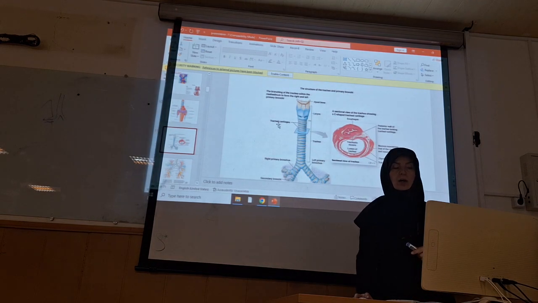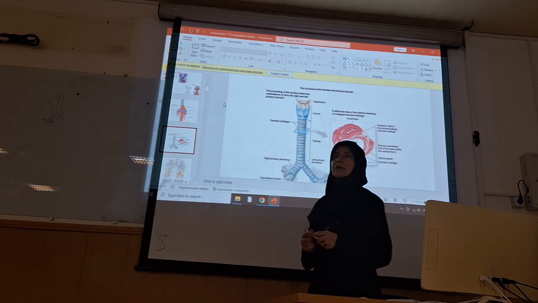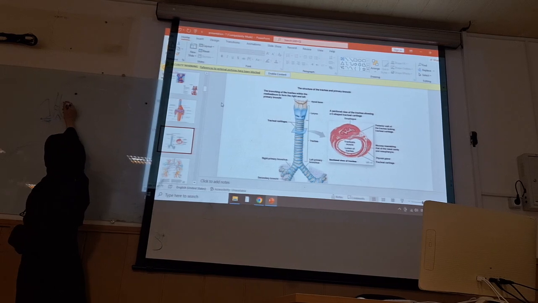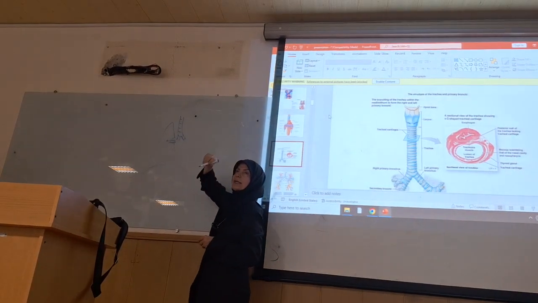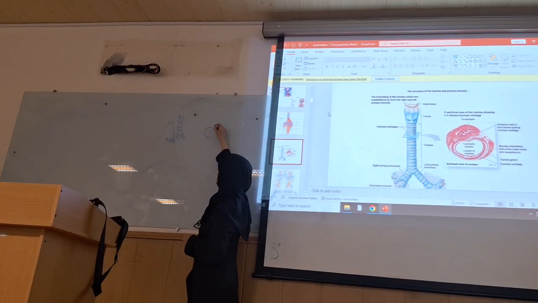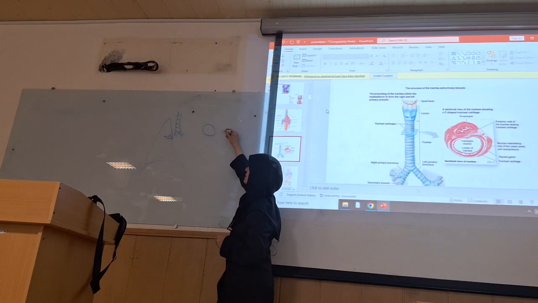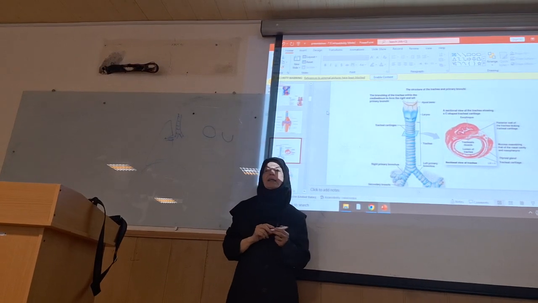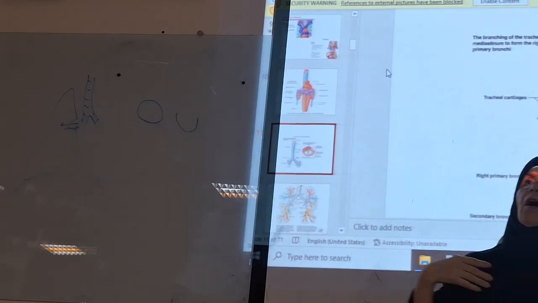The trachea, if you notice, you can find some cartilage. The cartilages that participate in forming the trachea are not O-shaped. They are not circles. They are C-form.